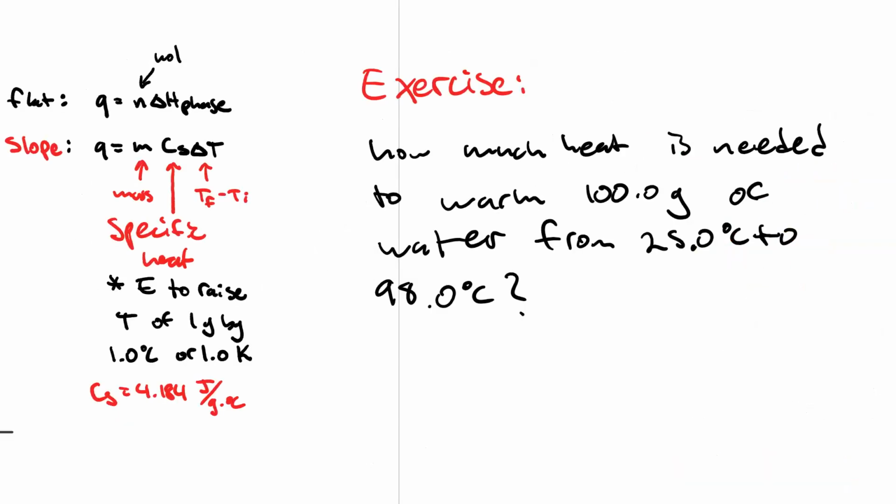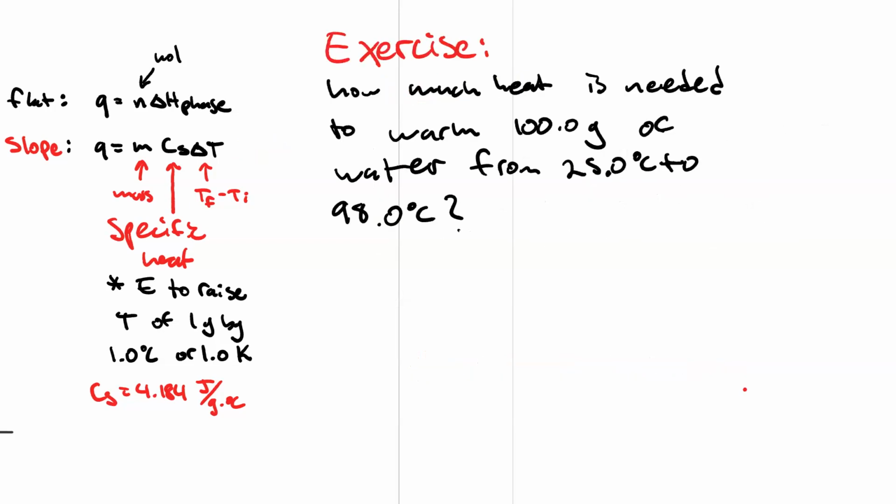Here's an exercise. How much heat is needed to warm 100 grams of water from 25 degrees to 98 degrees? Use the equation Q equals m c_s delta T. Go ahead and pause your video while you work it out.